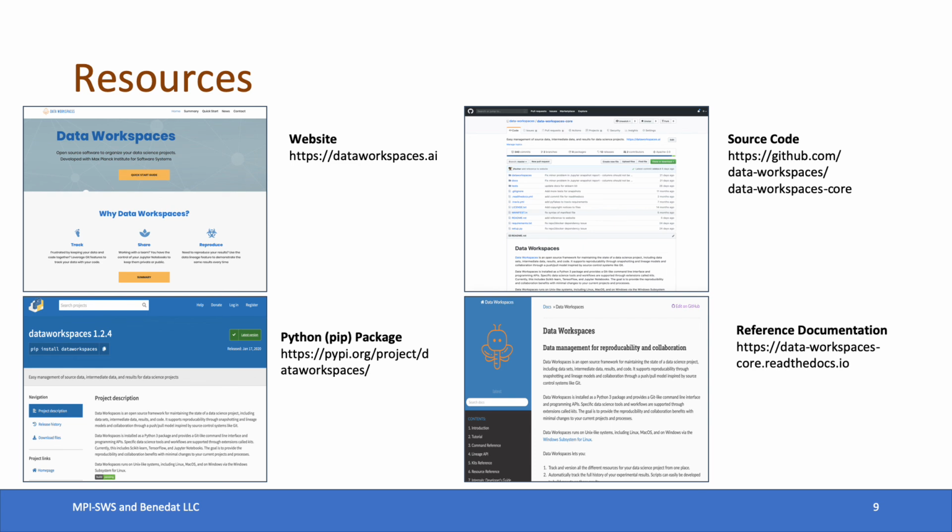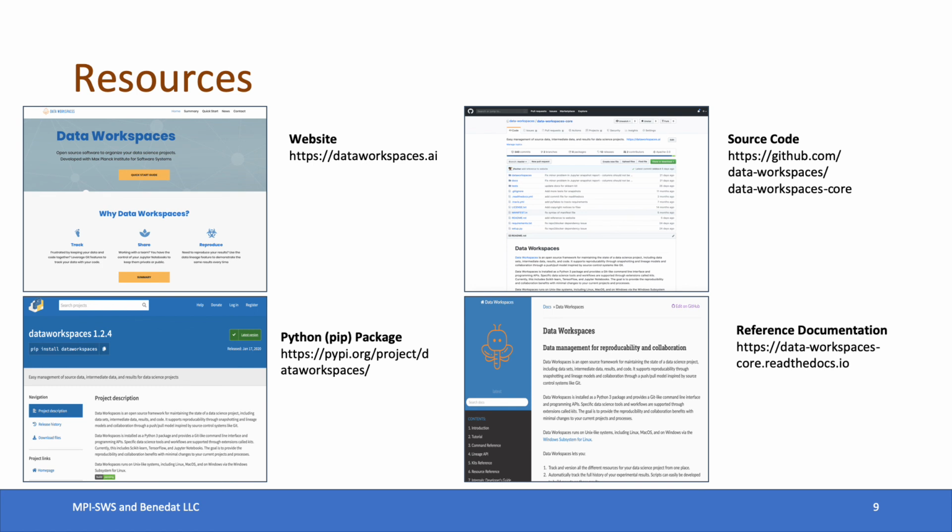We've created a number of resources to make it easy to get started with data workspaces. The first resource you may want to go to is our website, which is dataworkspaces.ai. It has pointers to all the other information as well as a number of tutorials and explanations. Secondly, we have source code available on GitHub, so you can fork it, clone it, and change it however you want.